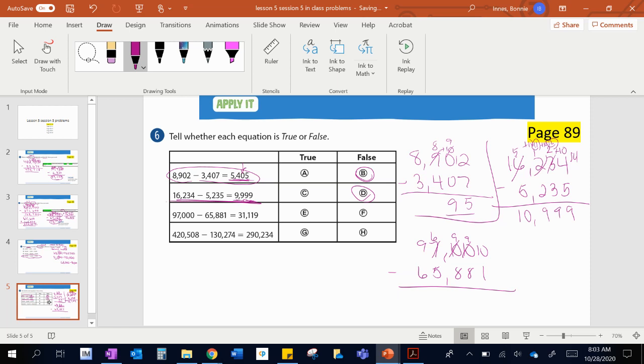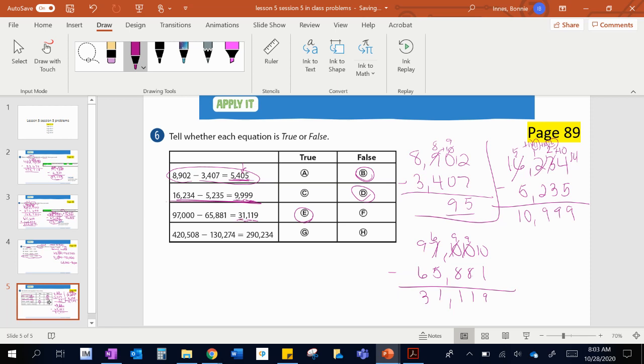So 10 minus 1 is 9. 9 minus 8 is 1. If I already look at my answer, that's the same. Okay. 9 minus 8 is 1. That's the same. Okay. 6 minus 5 is 1. That's the same. 9 minus 6 is 3. That is true. This is the exact number.